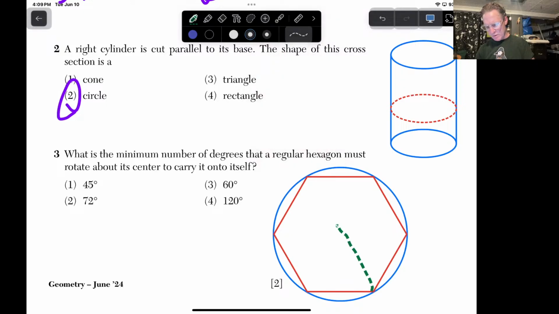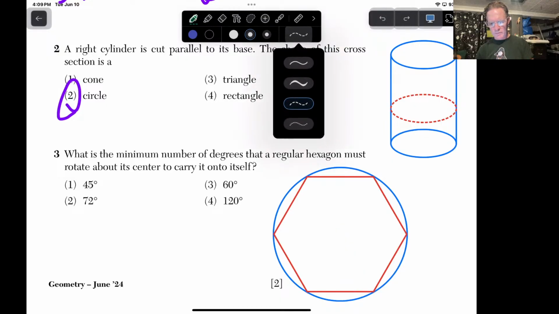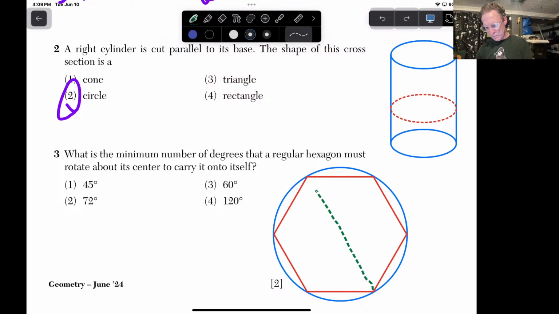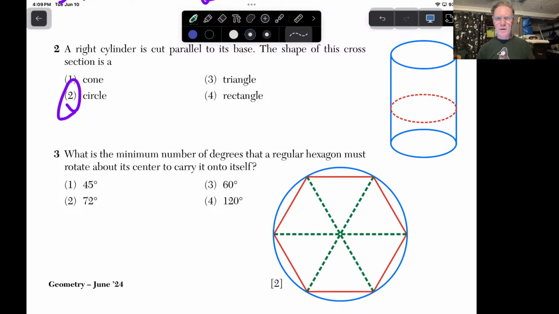And it's really just 360 divided by the number of sides. Okay, so I'm going to put these diagonals in here because it'll let me see that a little better, and then you can see each one of these.